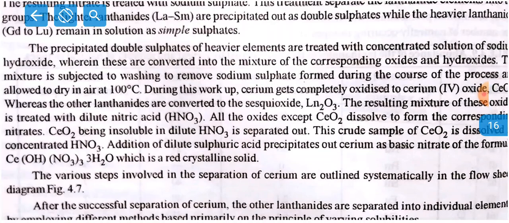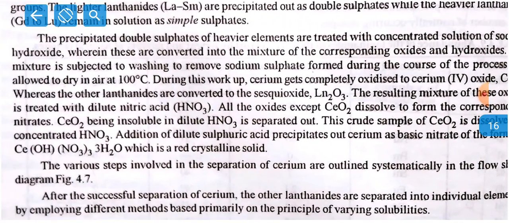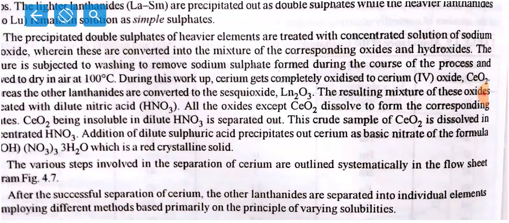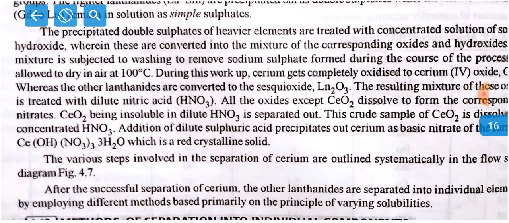The mixture is washed to remove sodium sulfate formed during the process and allowed to dry in air at 100 degrees Celsius. During this work-up, cerium gets completely oxidized to cerium(IV) oxide, CeO2, whereas the other lanthanoids are converted to the sesquioxides Ln2O3.